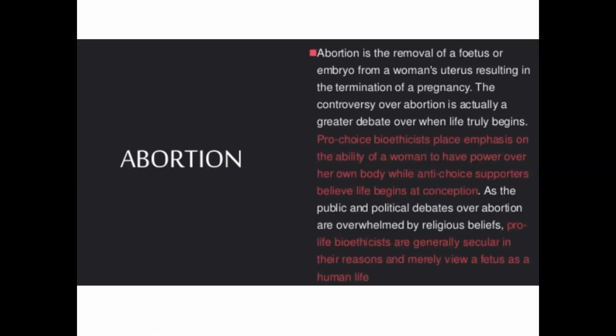Another group, the anti-choice, say that life begins at conception, so you cannot destroy a life. These two positions contradict each other. Another set of bioethicists, the pro-life bioethicists, follow some prejudice, and by their prejudice they try to control the issue of abortion.